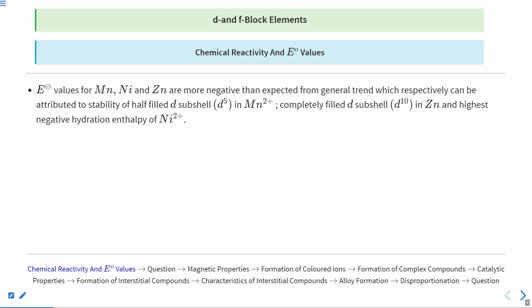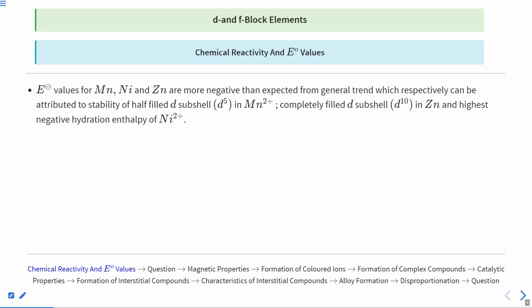Why is it more negative than the expected trend? The reason is that after losing those two electrons, they are either half filled or fully filled. For manganese, if we go from Mn2 plus to Mn, we are getting a d5 configuration. Similarly, for zinc, if we go from zinc 2 plus to zinc, then we are getting a d10 configuration, right?